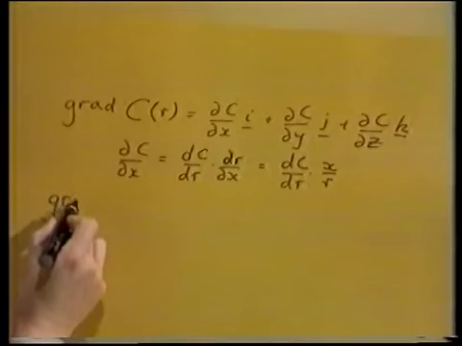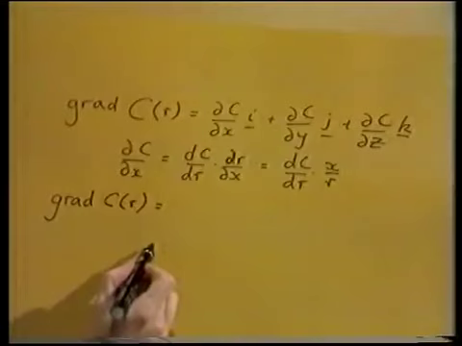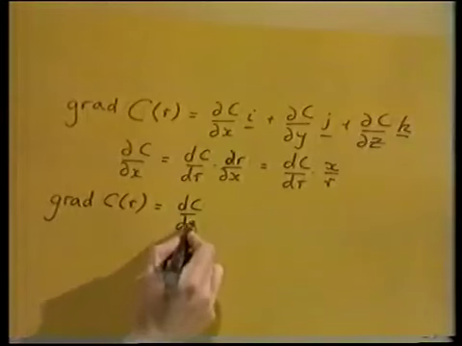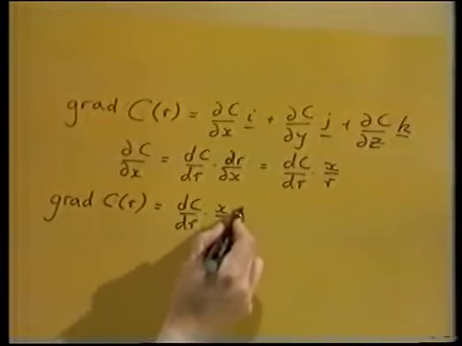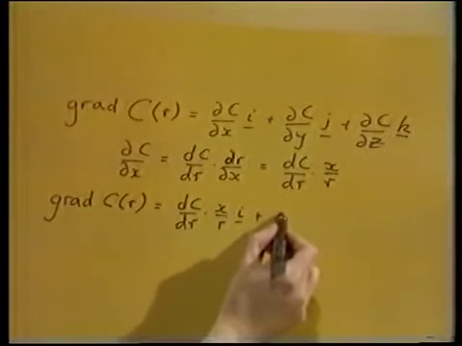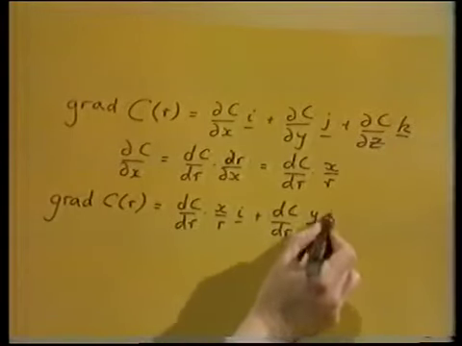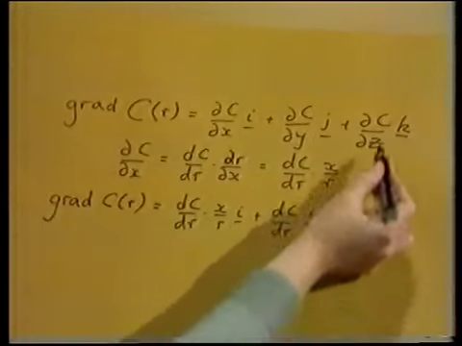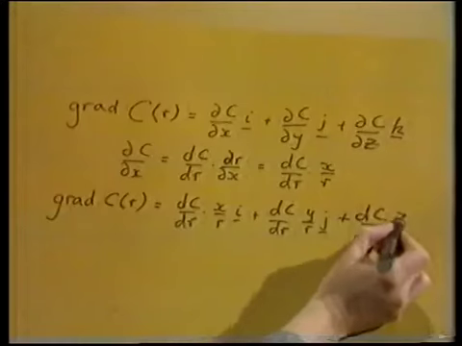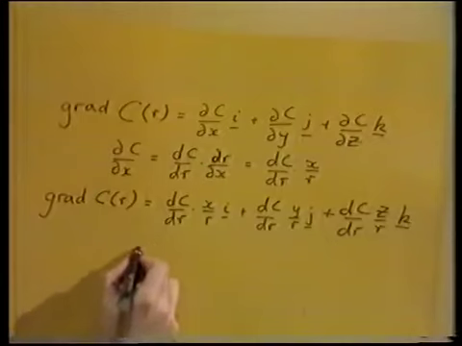And it'll give me that grad of C of r is equal to dC/dr times x over r i, plus dC/dr times y over r j, plus dC/dr times z over r k.